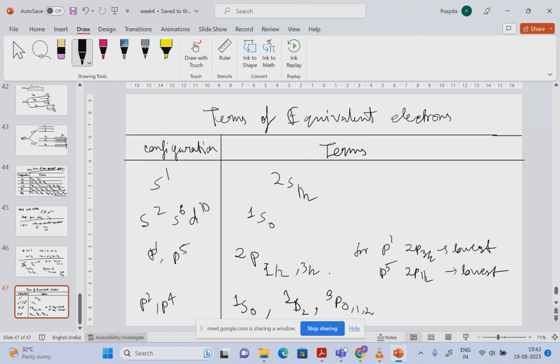For p2, 3P0 will be the ground, and for p4, 3P2 will be the ground.